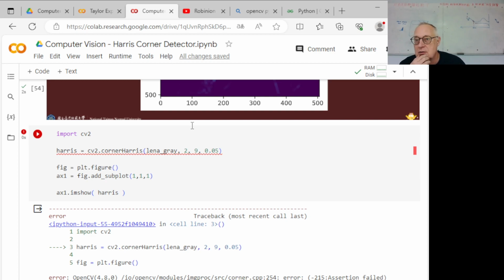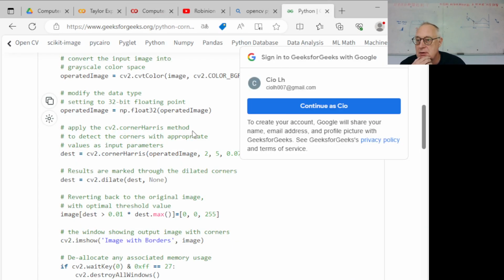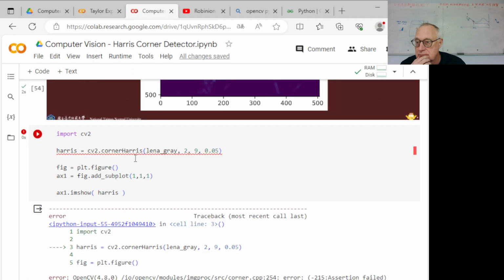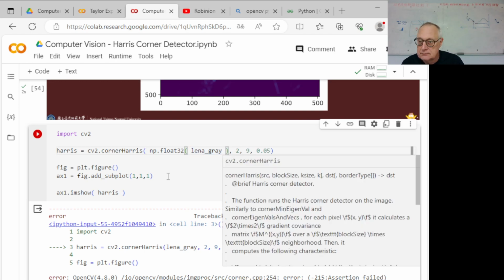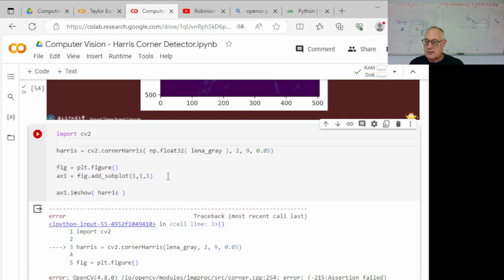I think I need to convert it to floating point. U channel 1 4. So what is this then?